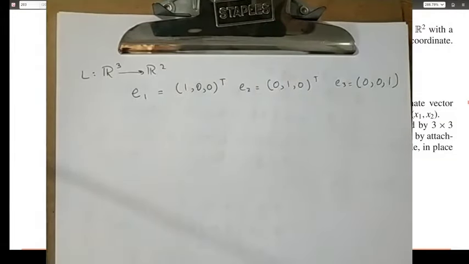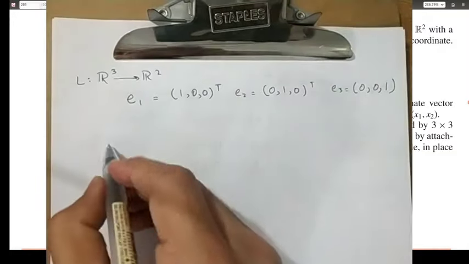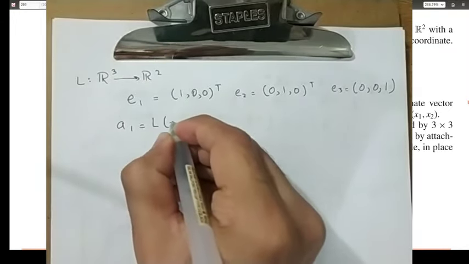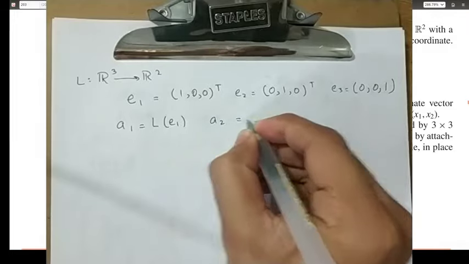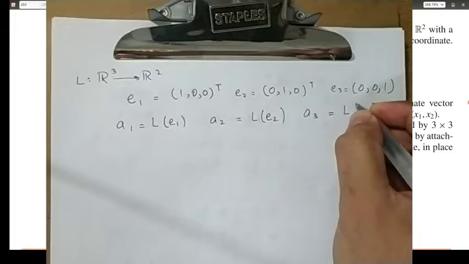So A1 is given by L E1, A2 is given by L E2, and A3 is given by L E3.